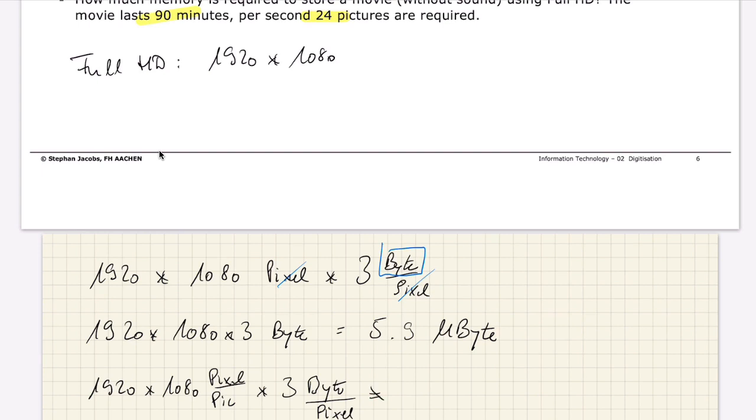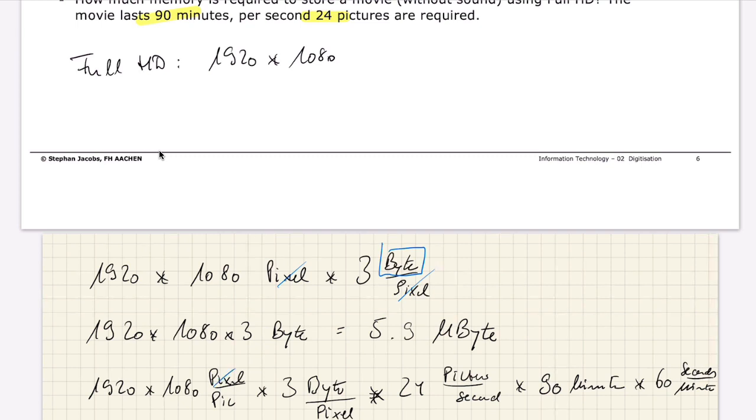Times 24 pictures per second times 90 minutes times 60 seconds per minute. And again, we can simplify.